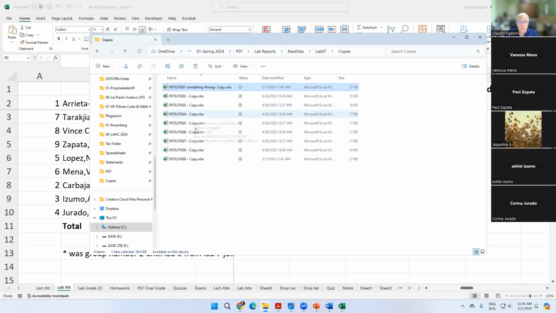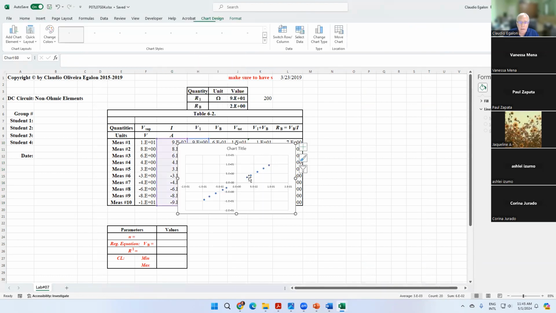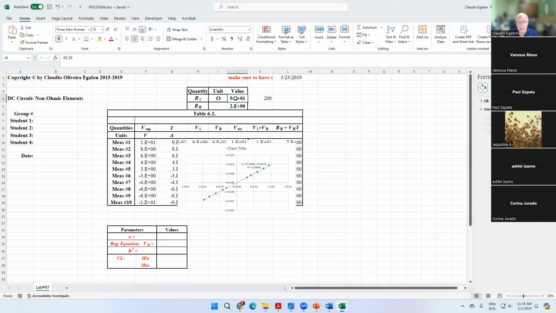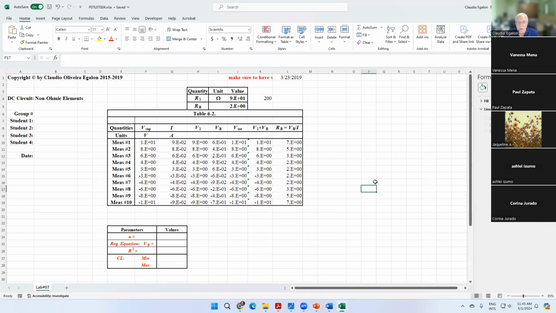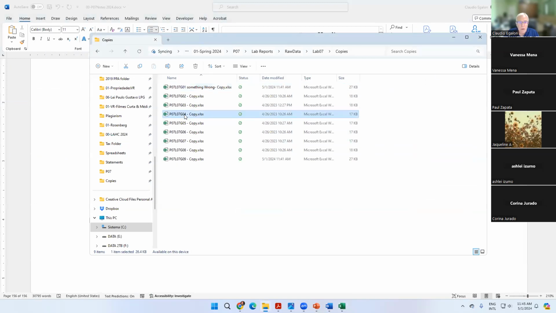It is this one here. I already plotted the graph, right? Let's do it again. 97, 97, 95, 92 is 5%, a little bit more than 5%. Okay, so let's renumber this one to group one. And I will put this one here as 04.